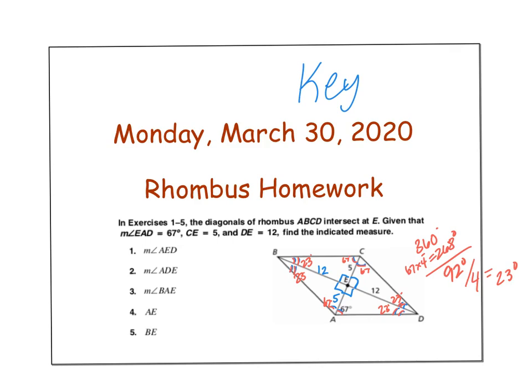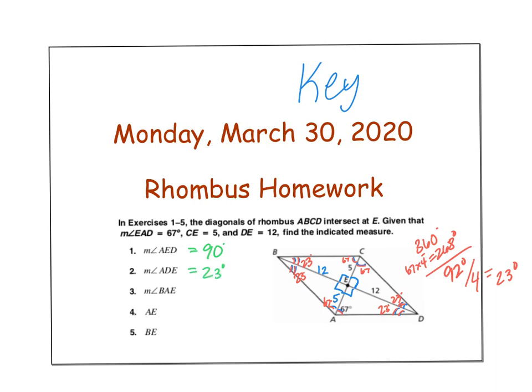So angle AED is going to be the angle that makes up the diagonal, and so that is going to be equal to 90 degrees. Angle ADE, we already have that, that's equal to 23 degrees.